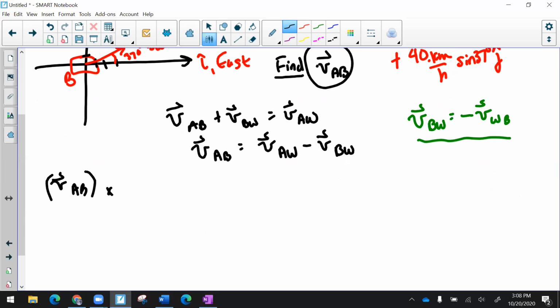VABX and say that that's going to be VAWX minus VBWX.